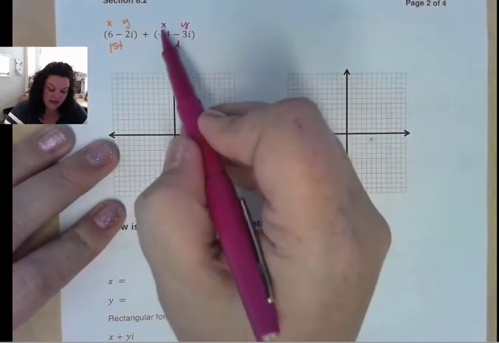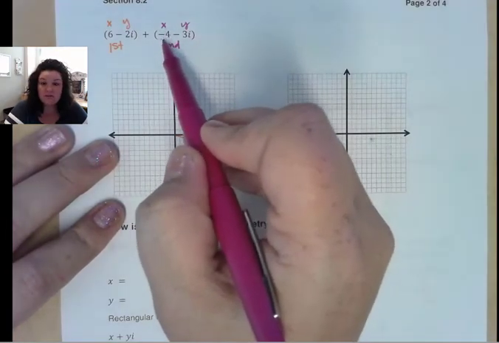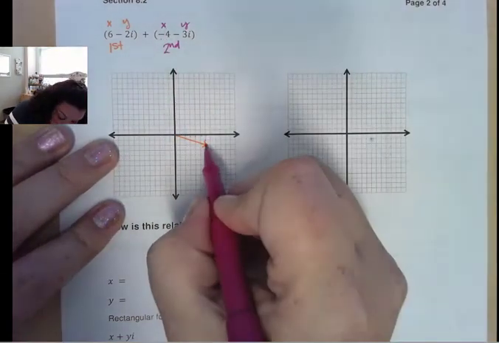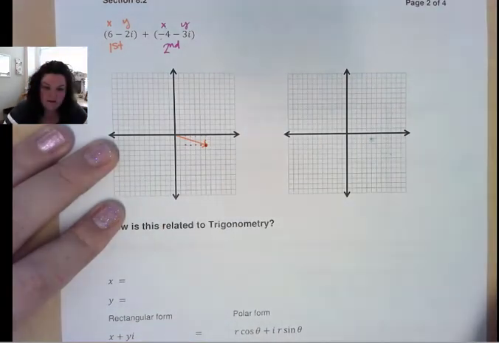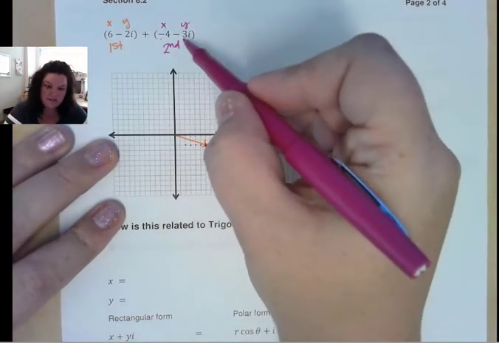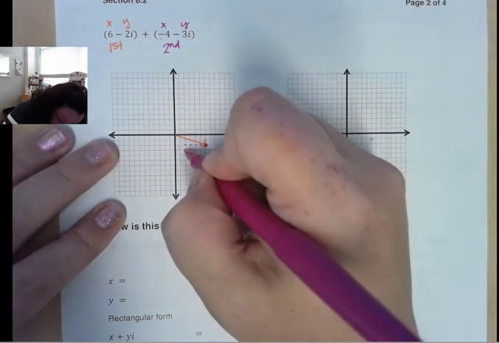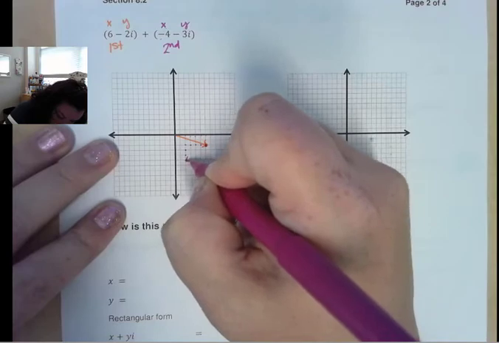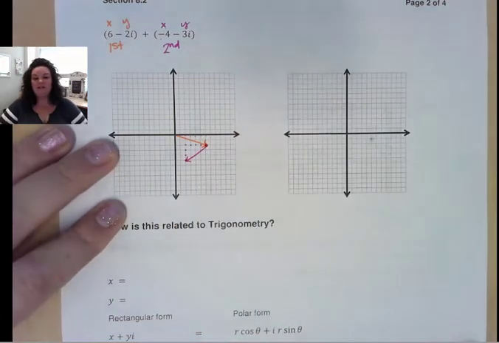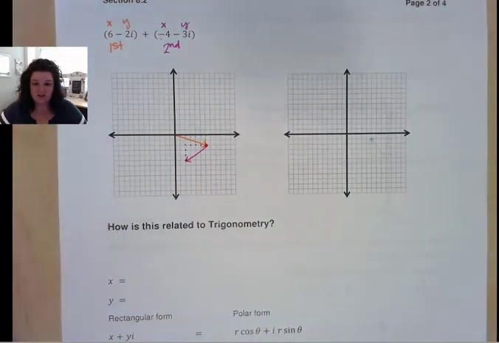And this says my x is going to go in the negative direction 4 places, so 1, 2, 3, 4. And then my y is going to go down 3: 1, 2, 3. So that is what that addition vector looks like.